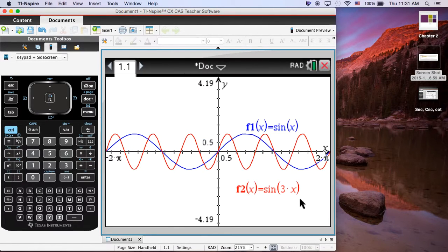Now if you look at 2 pi, the basic sine wave takes 2 pi to have one big wave, as you see right here. But if you look at sine of 3x, 3 waves fit in 2 pi. So in other words, the period is 1/3 of 2 pi.